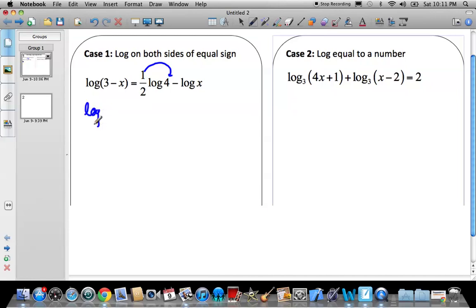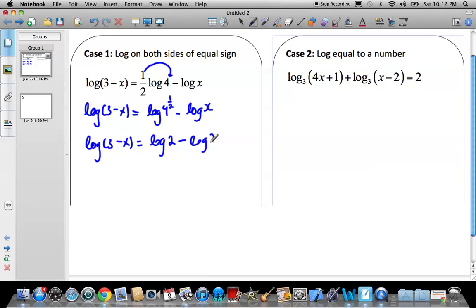Log 3 to the x, and if you remember, anytime there's nothing there in terms of a base, it's always 10, equal to log 4 to the 1 over 2 minus log of x. And anything to the exponent 1/2 is the same as square root. So log 3 to the x is equal to log of 2 minus log of x.